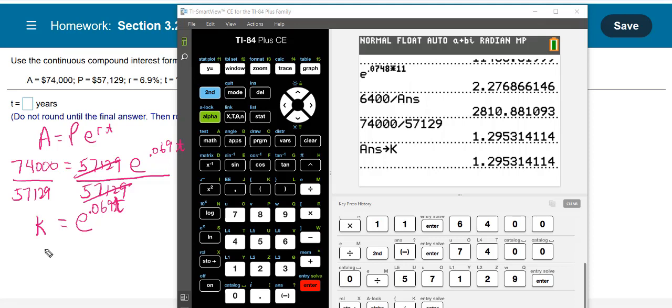So now we convert this to logs. The three steps. Number one, the base is e. Number two, the logarithm is the exponent.